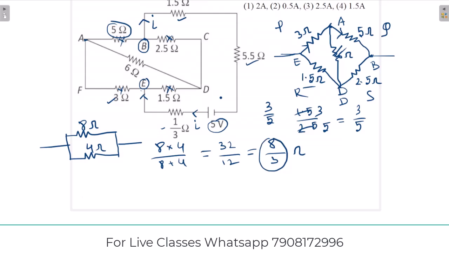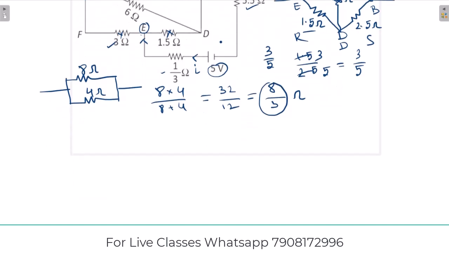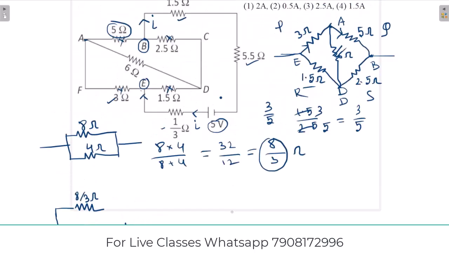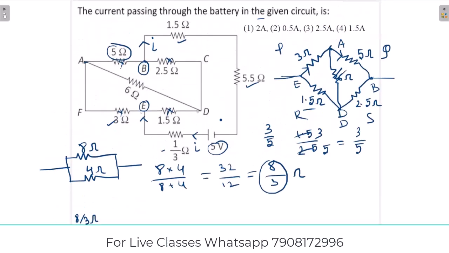Now if we draw this circuit again, let's say this is the battery of 5 volt, and there is a resistance of 1 by 3 ohm, then it enters the point E. From E to B there is a resistance of 8 by 3 ohm, and there are also 1.5 and 5.5 ohm resistances in series.